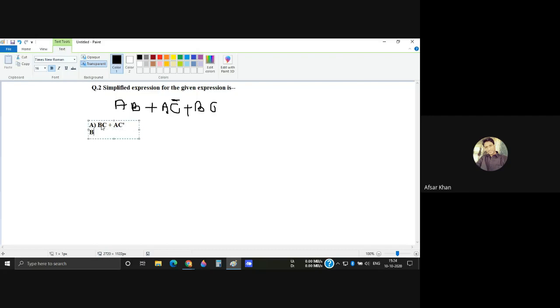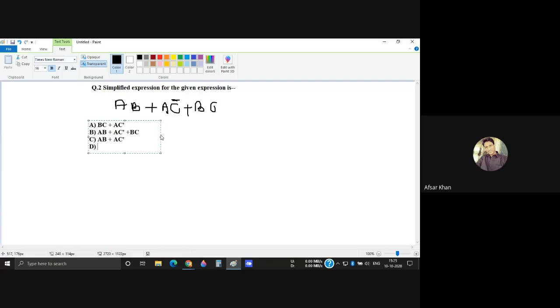Option B, AB plus AC bar plus BC. Option C is AB plus AC bar.